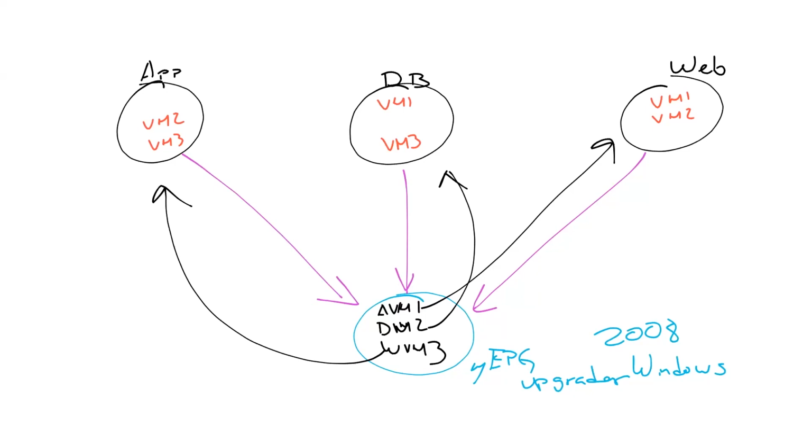Now, let me give you a real example of how microsegments could look in one of your ACI environments. So we're going to have an EPG that is made for web servers.